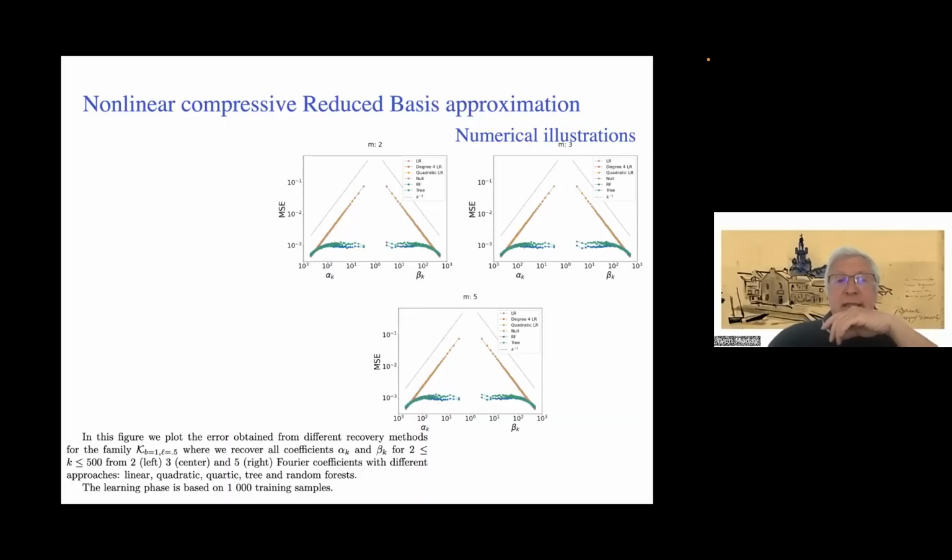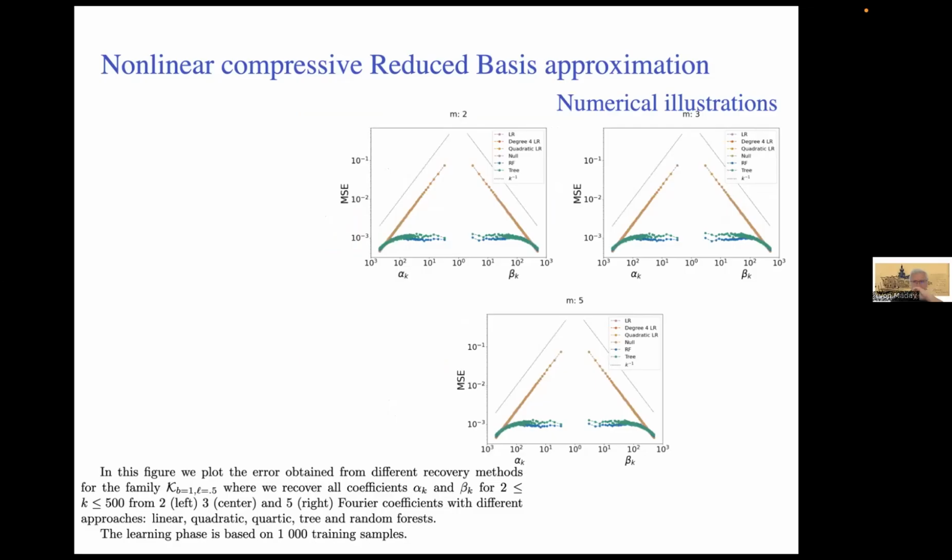You see that this is the mean square error, because we are in a framework of a random process. And you see here that the linear regression, the degree 4 and the null predictor have exactly the same approximation property, which is bad. So the good idea is not to use a polynomial representation, even of degree 4.